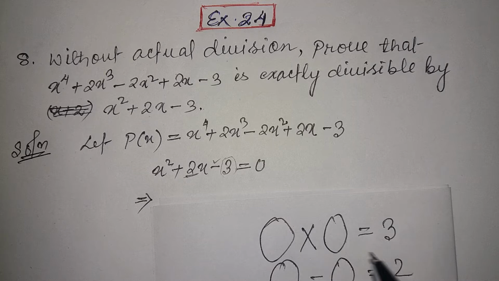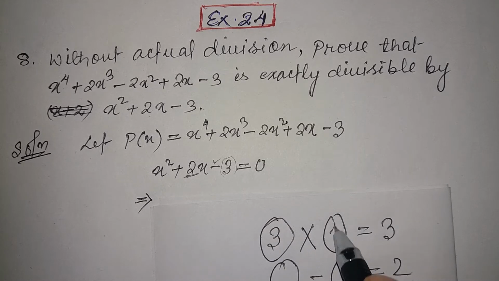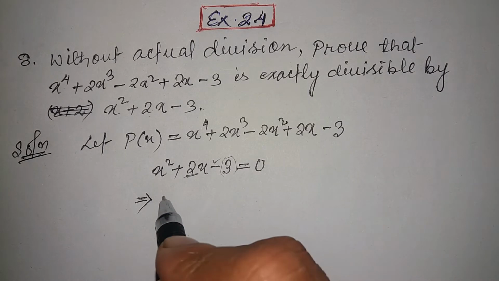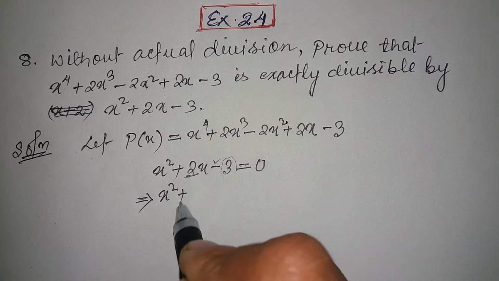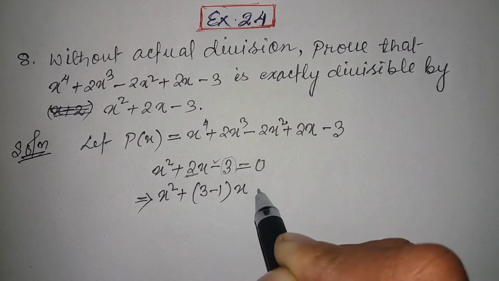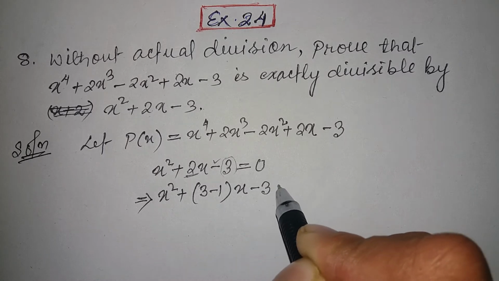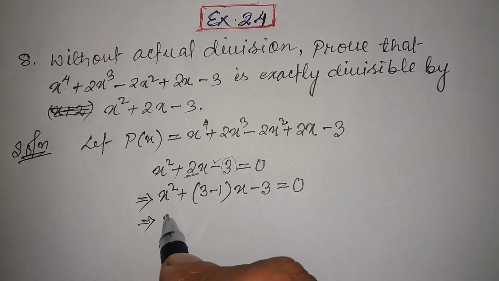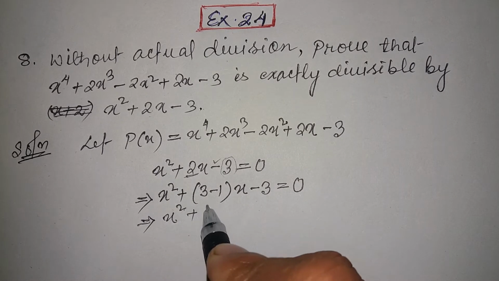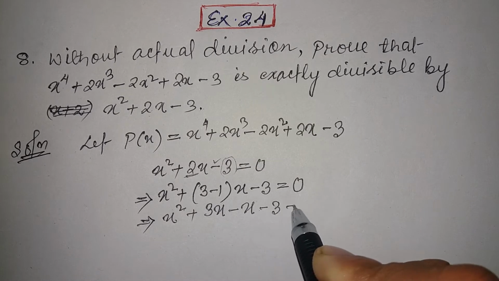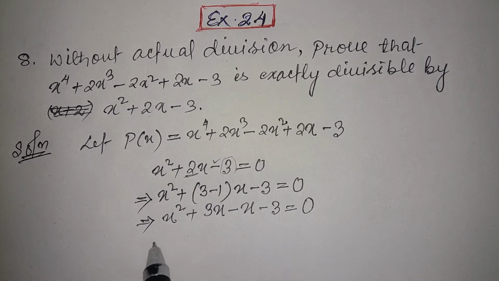Now this is nothing but 3 1s are 3, 3 minus 1 is 2. So I'm going to write x squared plus 3 minus 1 x minus 3 is equal to 0. Now this is x squared plus 3x minus x minus 3 is equal to 0.